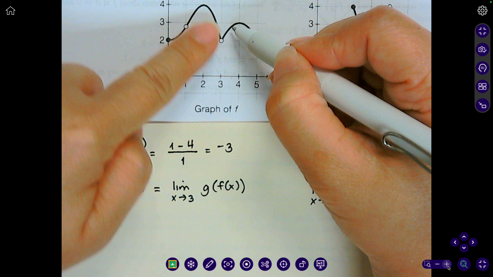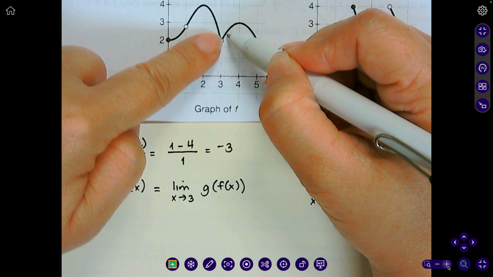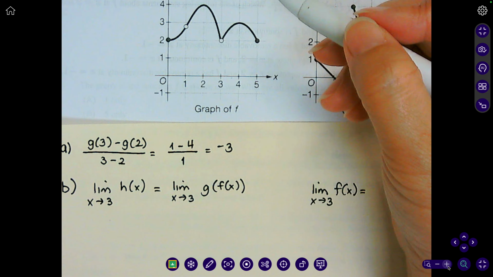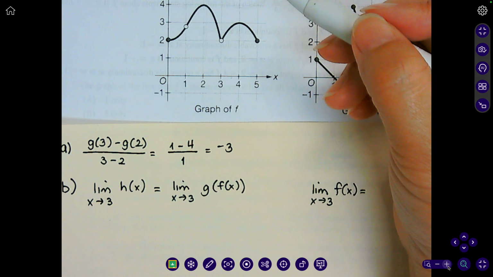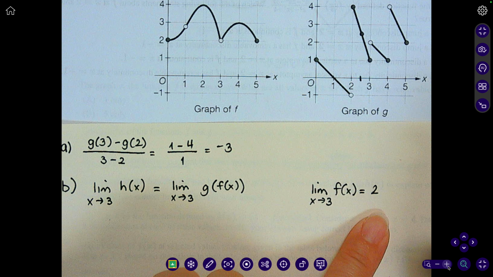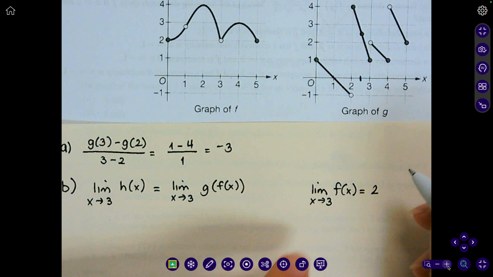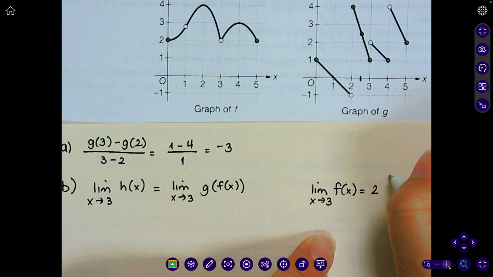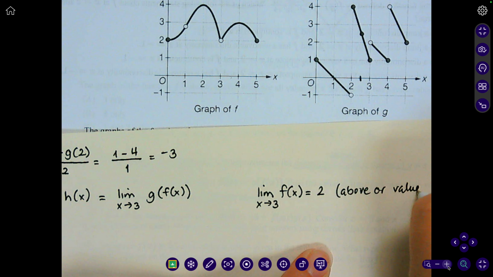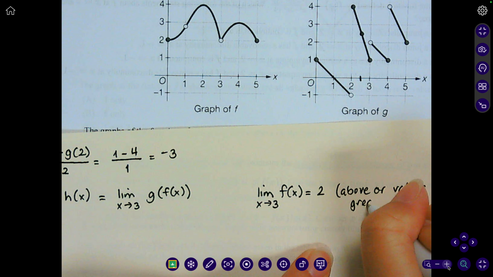As x approaches 3, your function is approaching 2 from above. Above 2 means numbers are bigger than 2. So keep that in mind. You are approaching 2, but these numbers are bigger than 2. Are you okay? So we're going to say above, or values greater than 2.